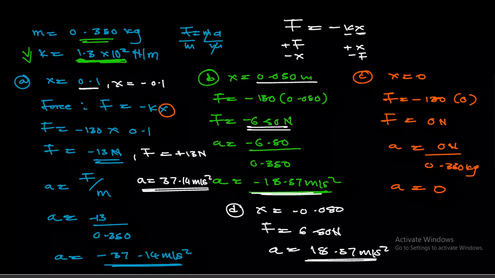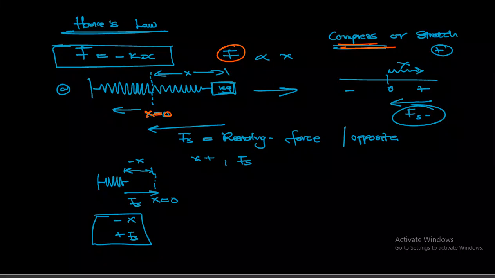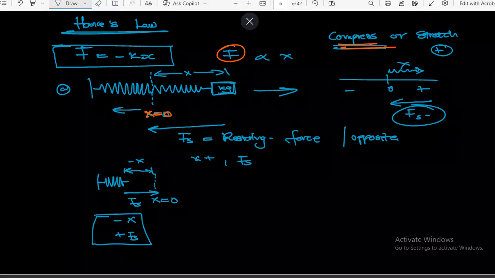When we had positive x, our force was negative. When we have negative x, our force is positive, and the acceleration is also positive. This is the only thing you have to keep in mind. So make sure you take all the information which you can see here.